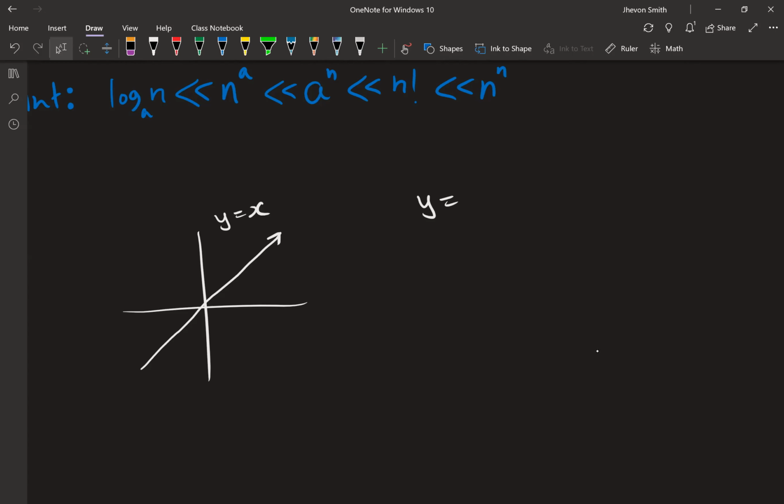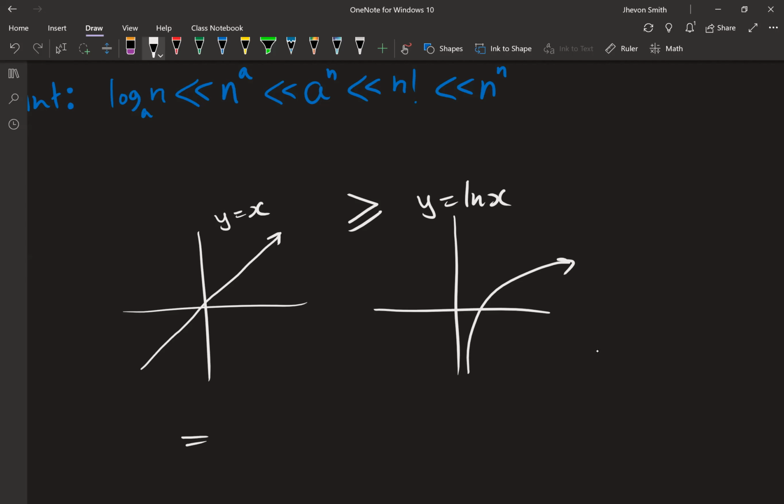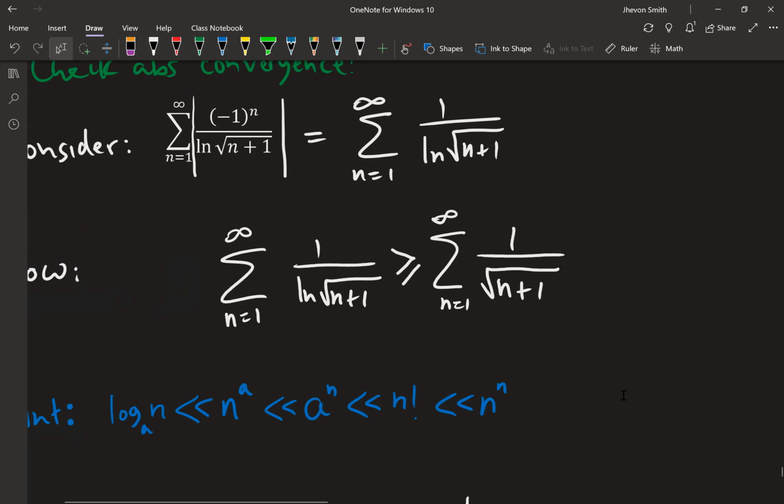If you put a logarithm in front of that x, it slows it down. It grows slower. This guy here is going to be smaller than that guy, which means if I take reciprocals, the guy with the log is going to be smaller. So now this is that, because this is the larger denominator.